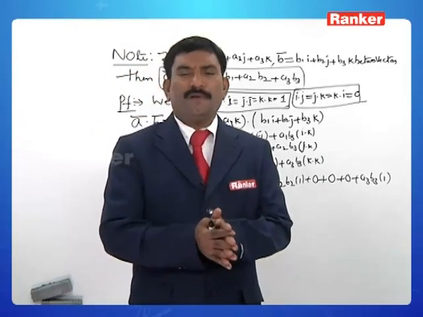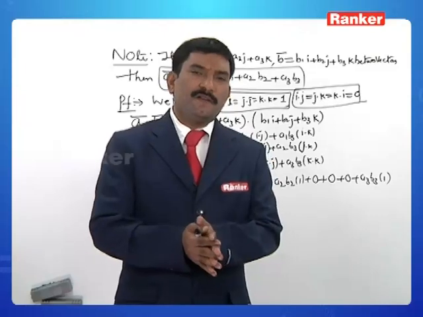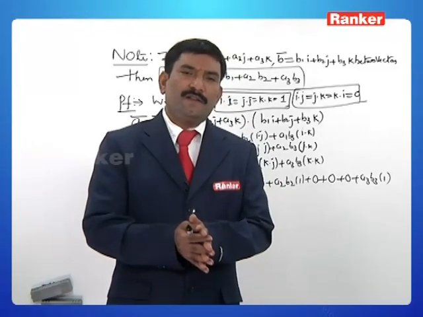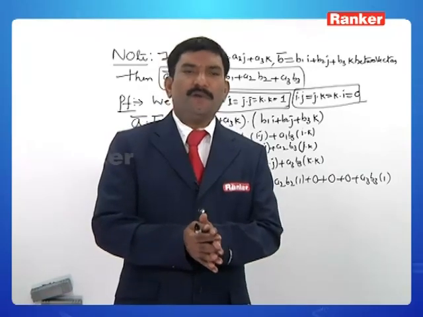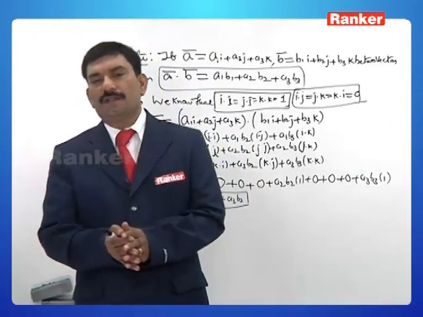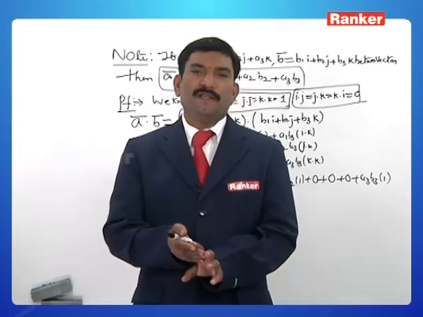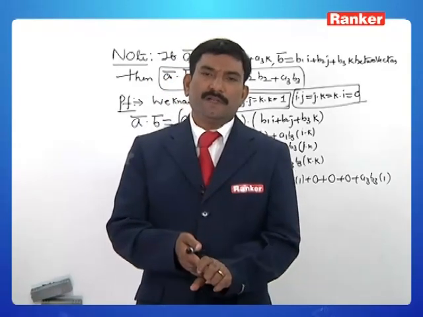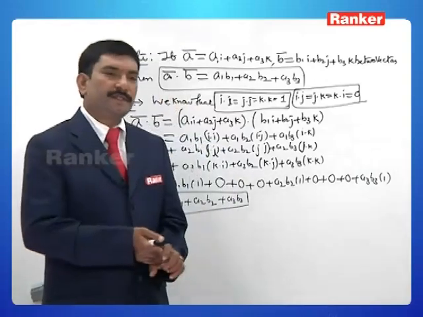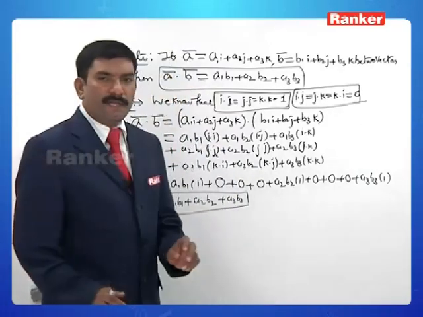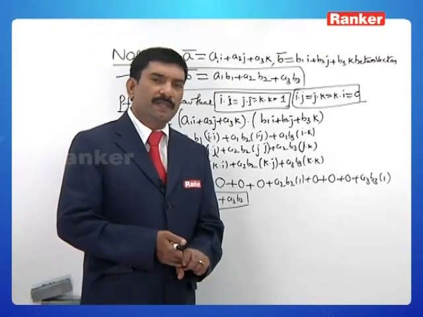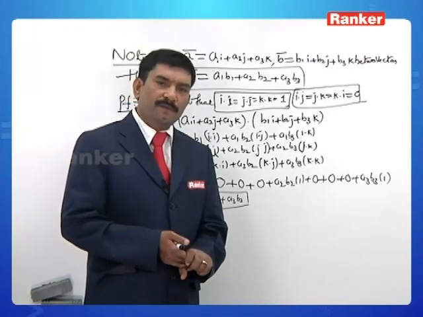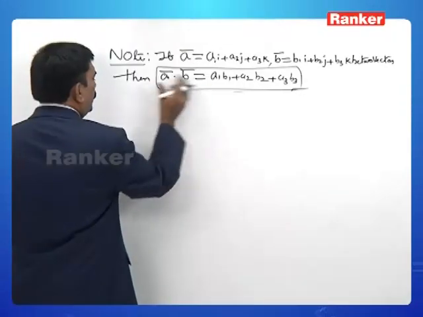Just the fundamental definition: i dot i is equal to 1, j dot j is equal to 1, k dot k is equal to 1. Meanwhile, i dot j, j dot k, k dot i is equal to 0. By using that, we could prove A bar dot B bar is A1 B1 plus A2 B2 plus A3 B3. Followed? Right.